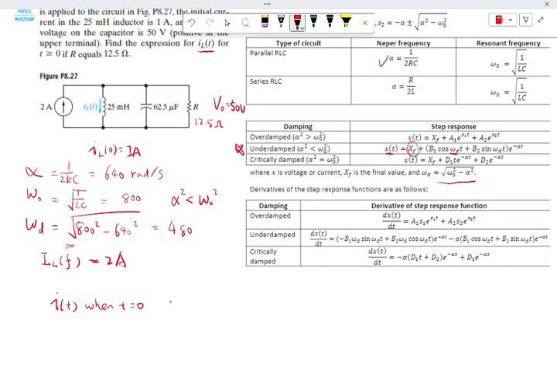All right, so we got a lot of information, and then we're going to write this iL(t) equation, and when t equals 0, we're going to use these two initial conditions. So iL(0) is equal to iL infinity, or final, plus... we don't need to copy everything here, because if you plug t equals 0 in, this term is gone, right? This term is gone. This term also becomes a 1.